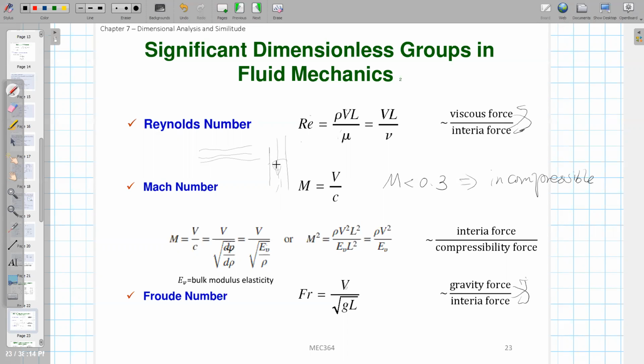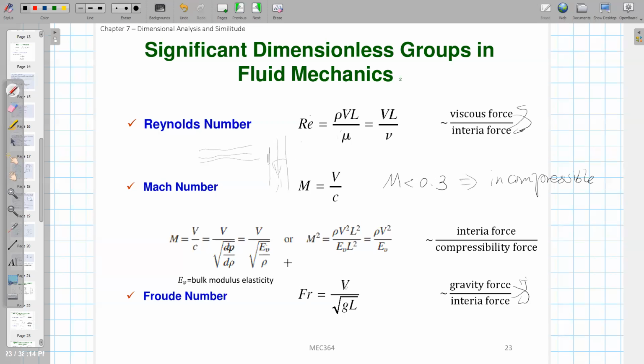And if the tube diameter is small, because of the surface tension effect, maybe the gravity is not that important. Maybe in that case you won't consider the Froude number as an independent parameter for your experimental result. But for the cases when gravity force is important, you have to add this Froude number as one of your independent parameters.